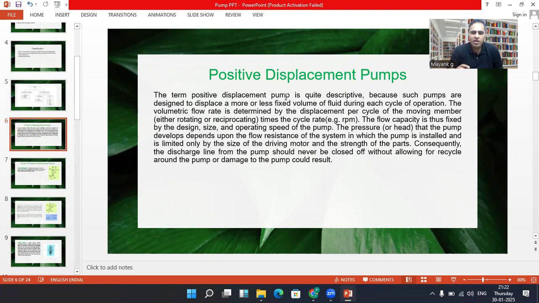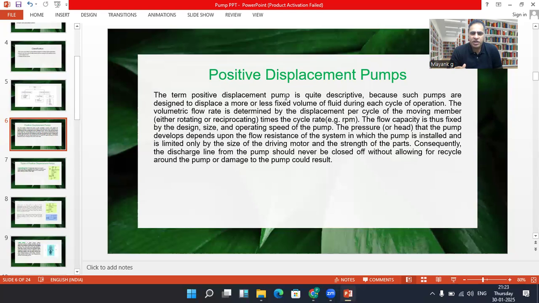This volume can be either more or less. The volumetric rate is determined by the displacement per cycle of the moving member. This moving member can be either rotating or reciprocating.